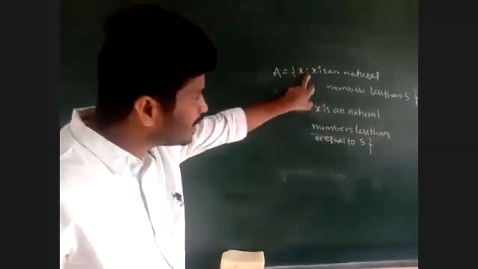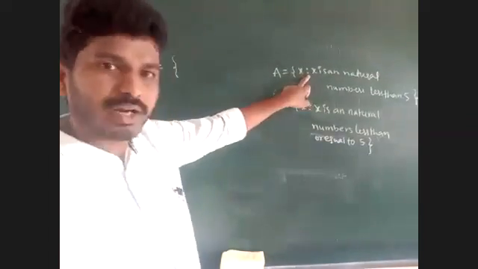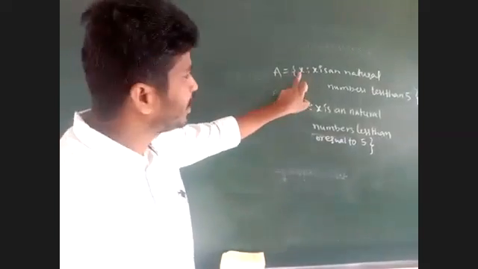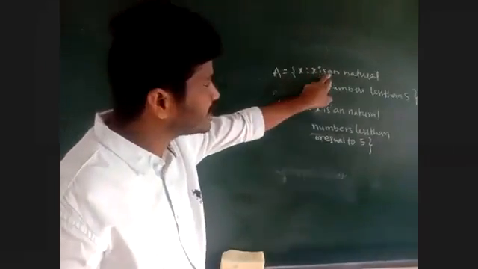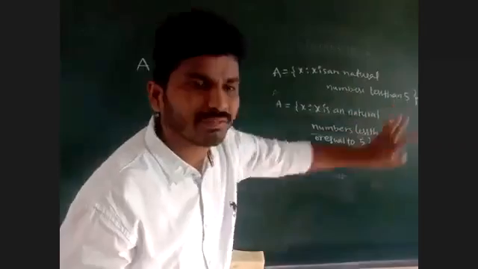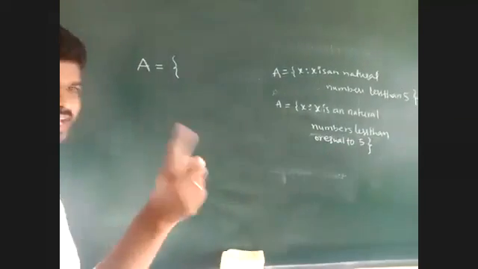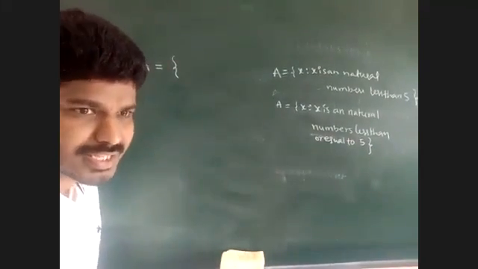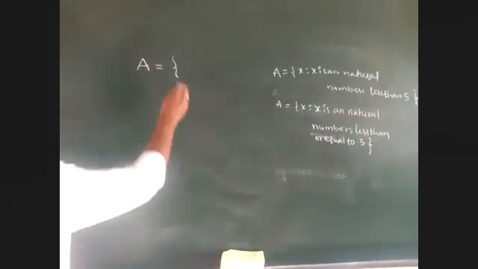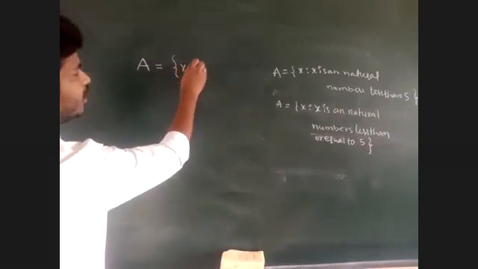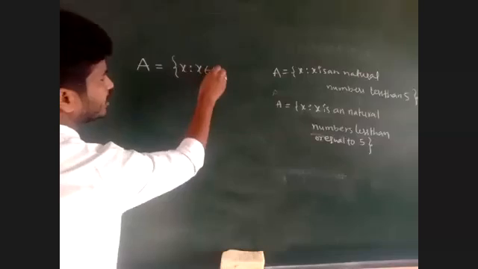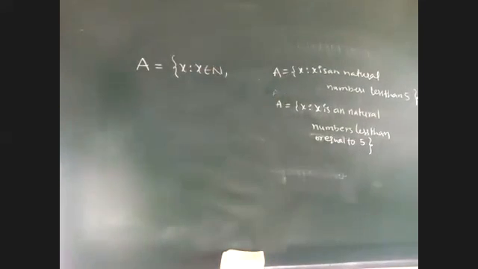This symbol is called such that. I think you already know this symbol name, right? X such that x is a natural number less than 5. X such that x belongs to natural numbers, comma.